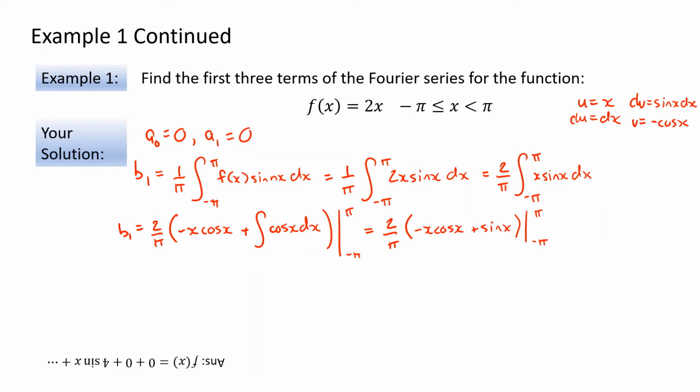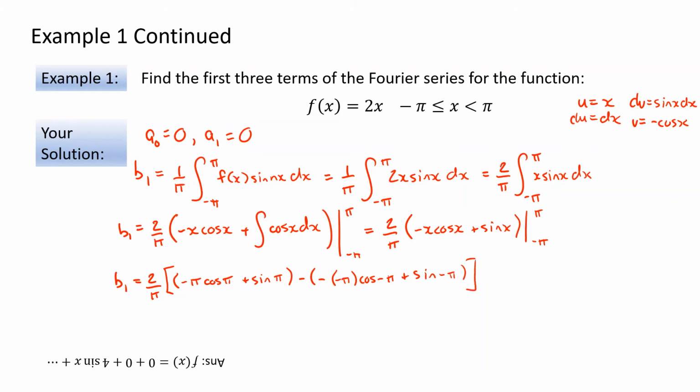So substituting all of these values in, we get b1 is equal to 2 over pi times our first term, negative pi cosine of pi plus sine of pi, minus negative pi cosine of negative pi. Okay, a lot of negatives, so just make sure you keep track of them. Plus sine of negative pi.